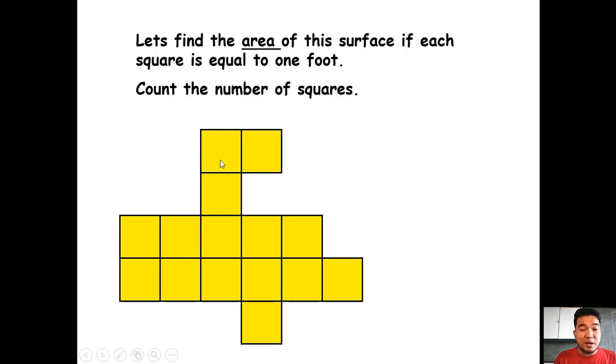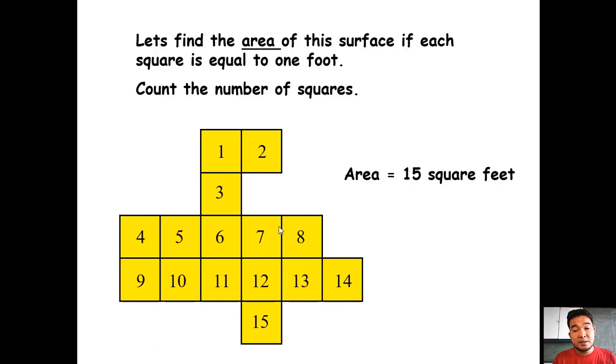So how many squares do we have? 1, 2, 3, 4, 5, 6, 7, 8, 9, 10, 11, 12, 13, 14, 15. So we have 15 small squares. So the area of this is 15 square foot. Okay, or square feet.